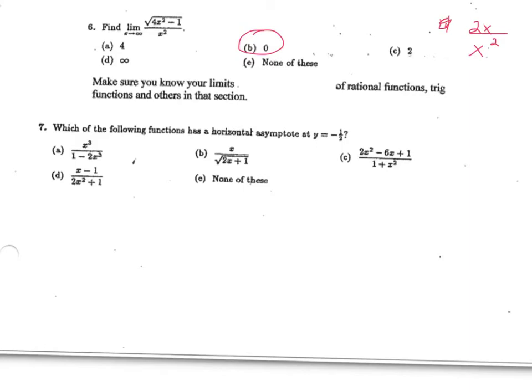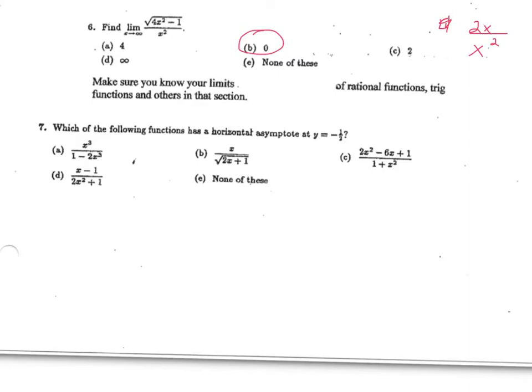Number 7 is a similar question. We want to know where we have a horizontal asymptote at y equals negative 1/2. And so we'll have a horizontal asymptote at a number when the degrees are the same on the top and the bottom. If the degrees are different, then you'll either have a horizontal asymptote at 0 if the degree on the bottom is bigger, or you won't have any horizontal asymptote if the degree on the top is bigger.